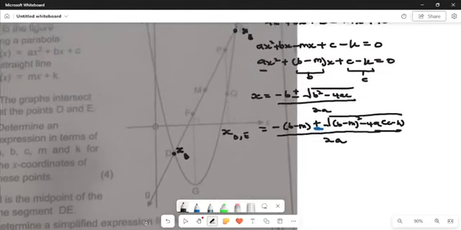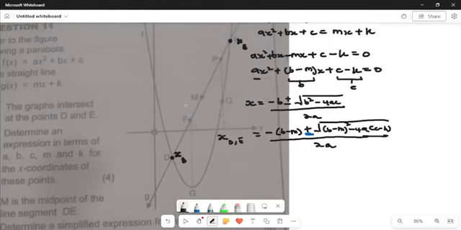So we have a line segment DE, which is this line, and at M we're told that that is a midpoint, and we need to find the x-coordinate at M. So the formula for the midpoint, we can just say the midpoint at M, x1 plus x2, all of that divided by 2. For now, our only concern is the x value, so I will not write the y values. And our x values will use the x at D and the x at E, our previous solutions.